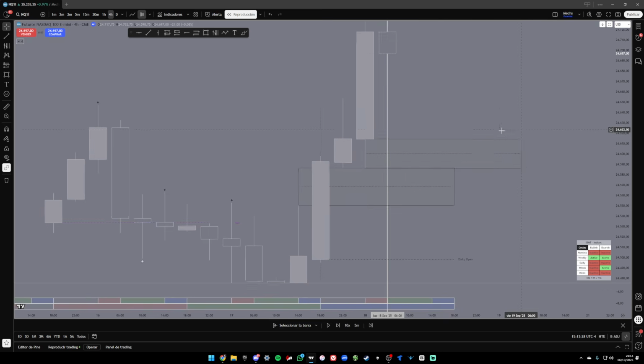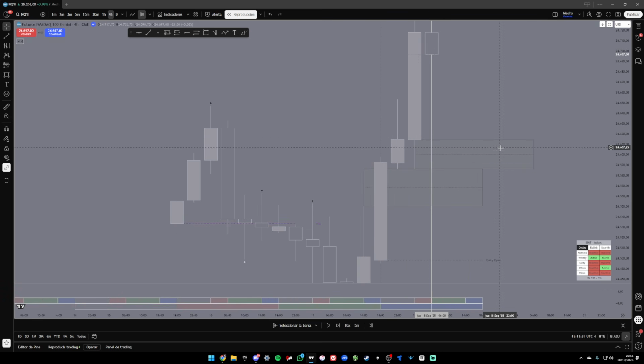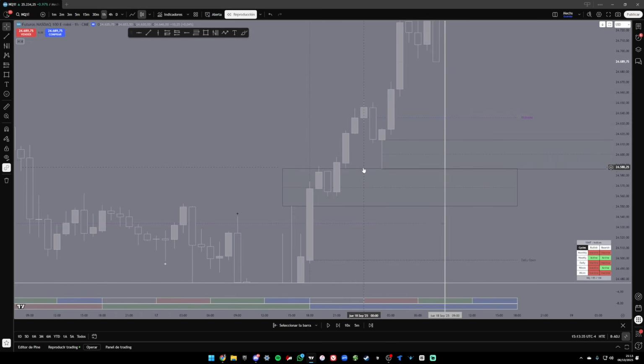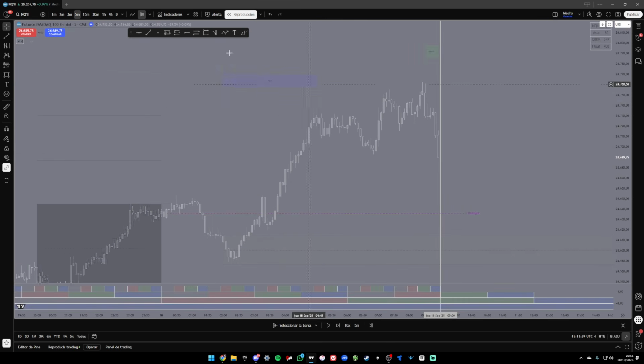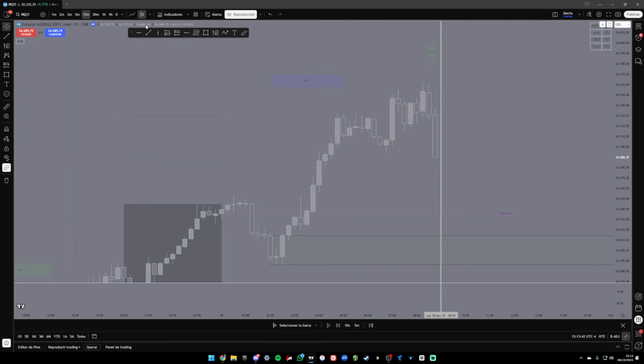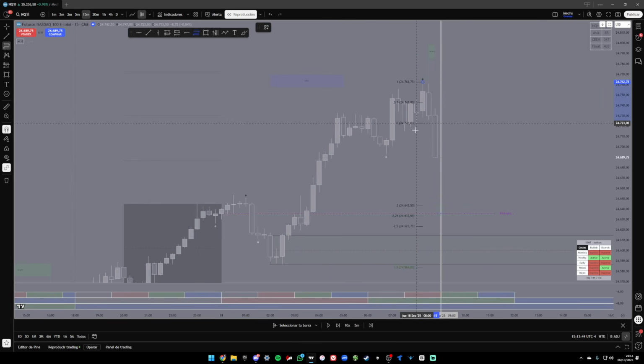We can see that it's the same rejection block for both time frames, so this is a perfect rejection block. Perfect. So now we draw our standard deviations. Okay, first one, this one.